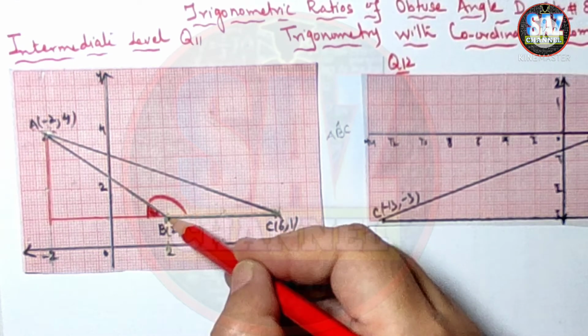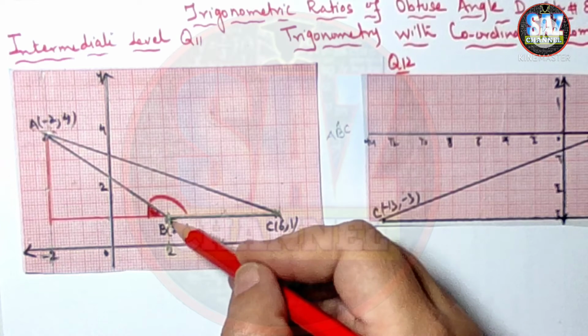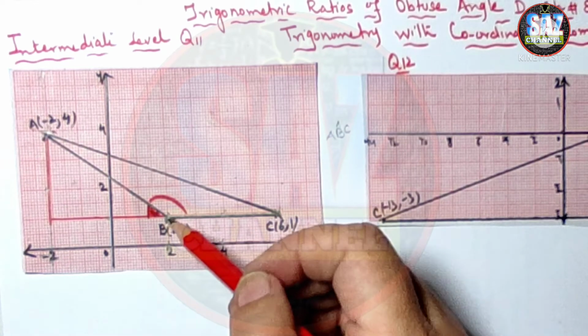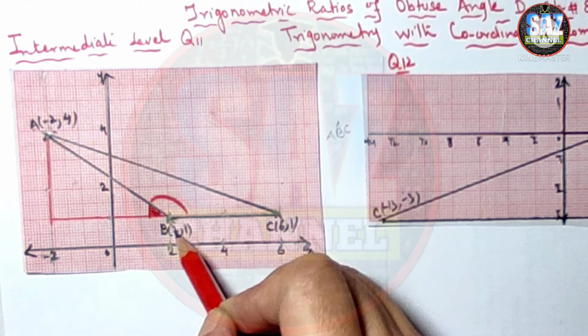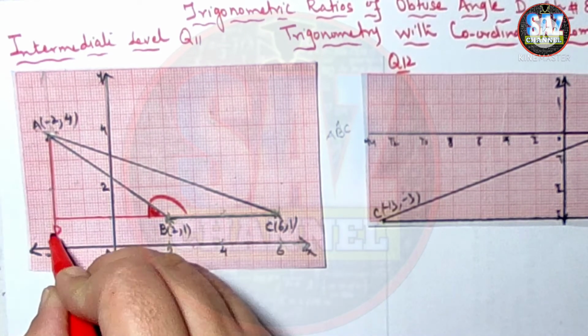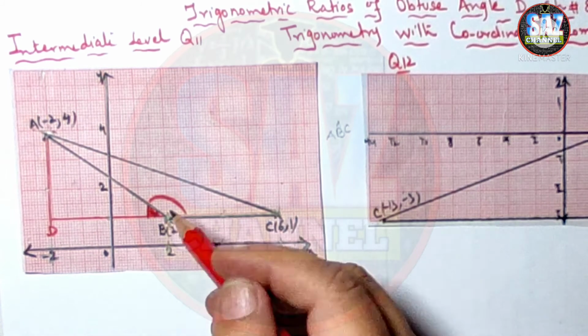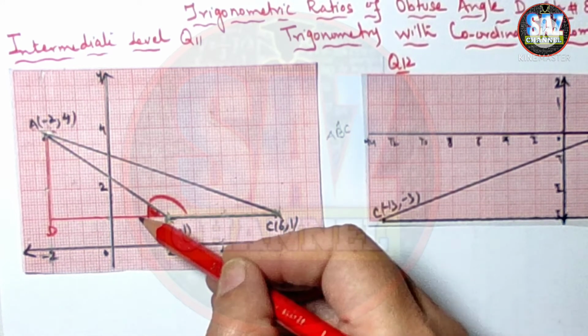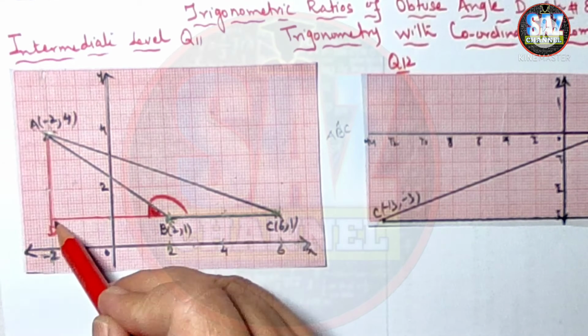In order to understand what will be the adjacent or height, we can take help from the coordinate geometry by applying the distance formula, or otherwise we can count how many blocks are between B and D. If I'm moving towards this side, this is 1, this is 2, this is 3 and this is 4.